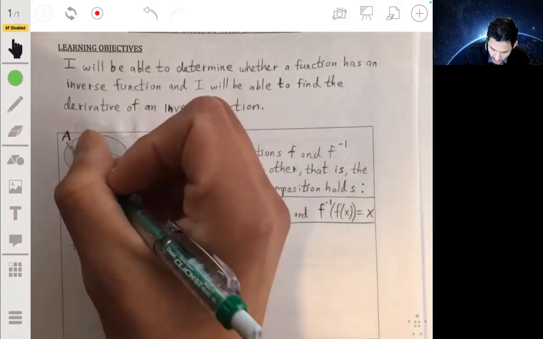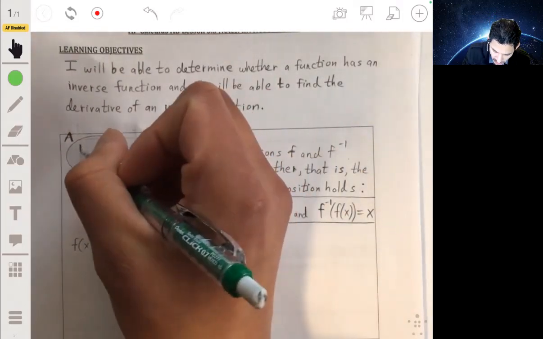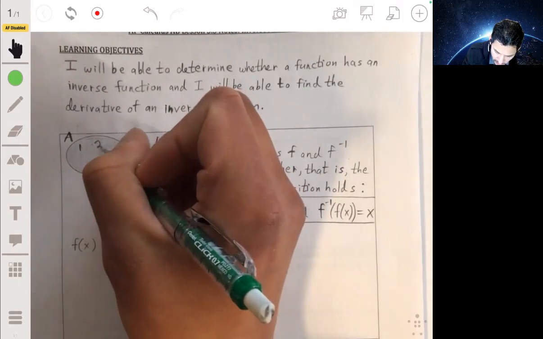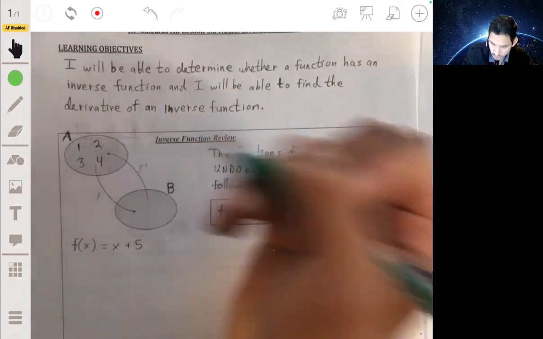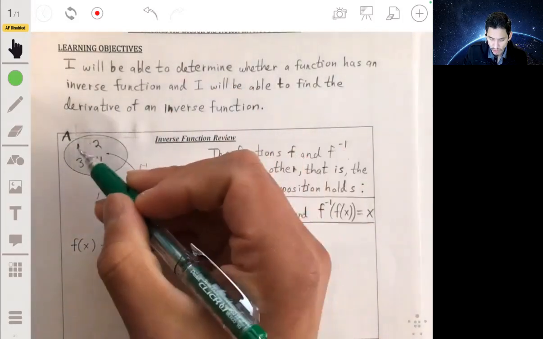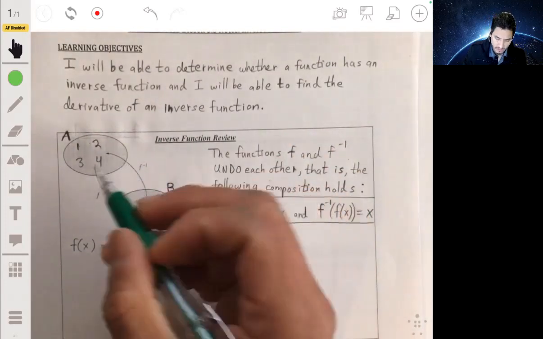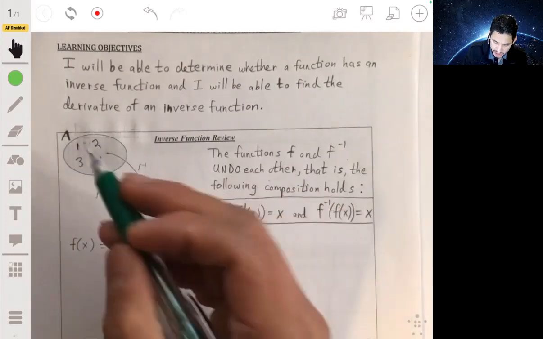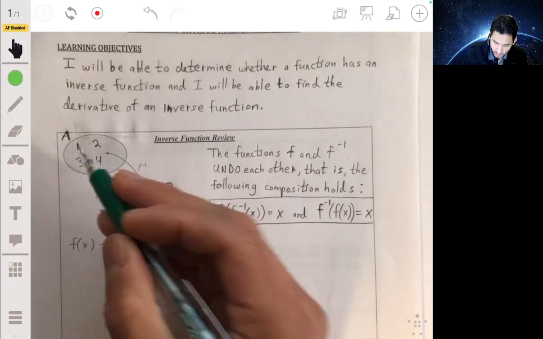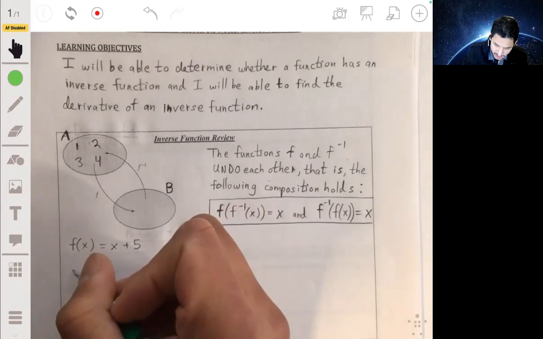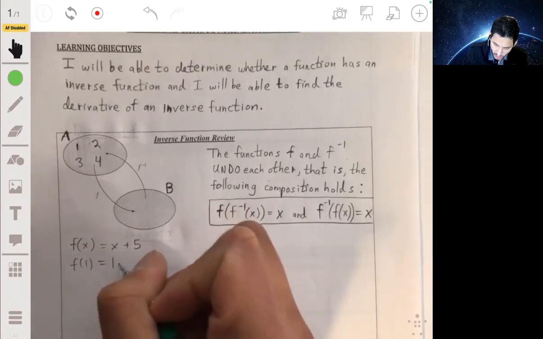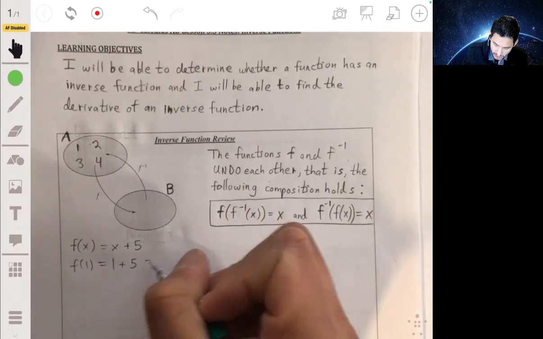And let's say A has the elements, the numbers 1, 2, 3, 4. So what would it do to the 1, 2, 3, 4? Well, you can do this mentally. If we have 1, it's going to send 1 to 1 plus 5, so it's going to send 1 to the number 6.